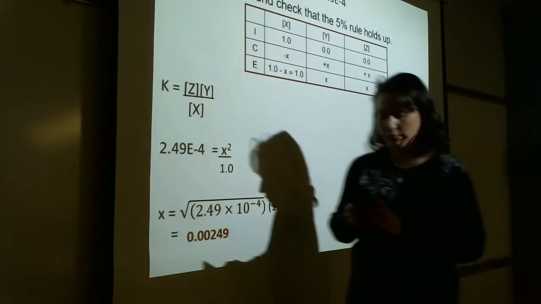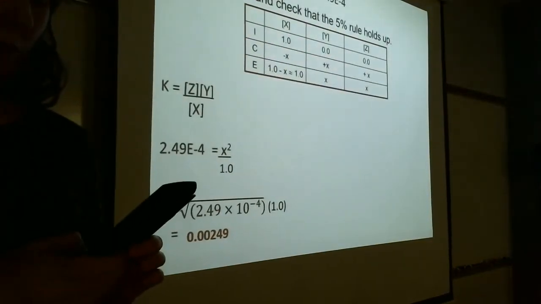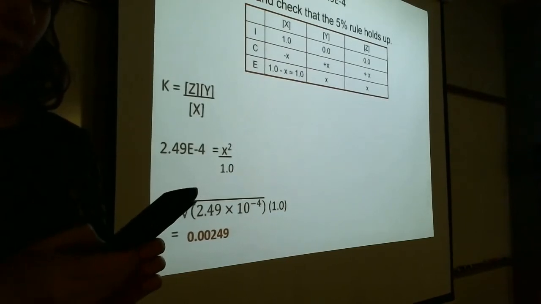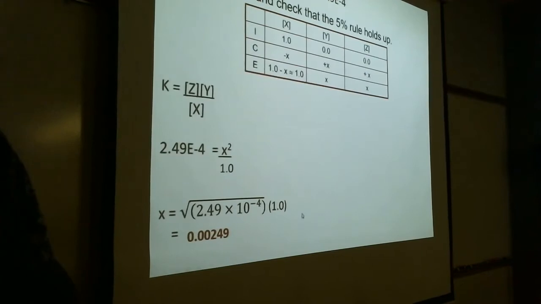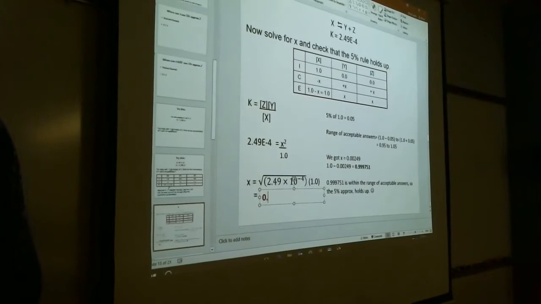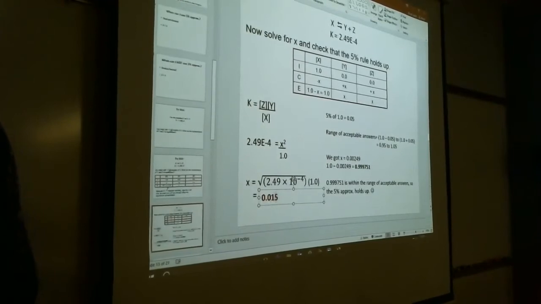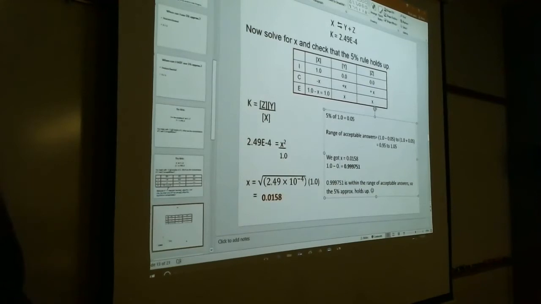Ooh, yeah, that is a typo, because that didn't look right. 2.49 e to the negative fourth square root. Yep, that's 0.0158.